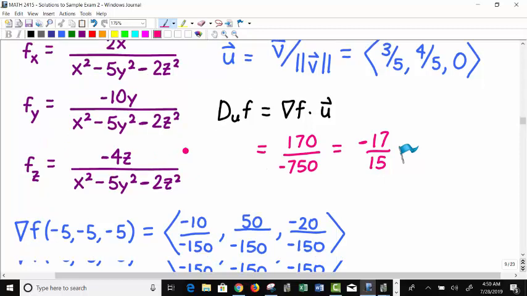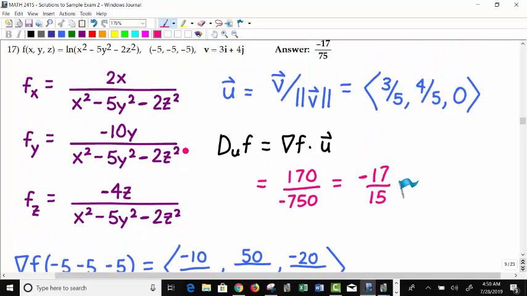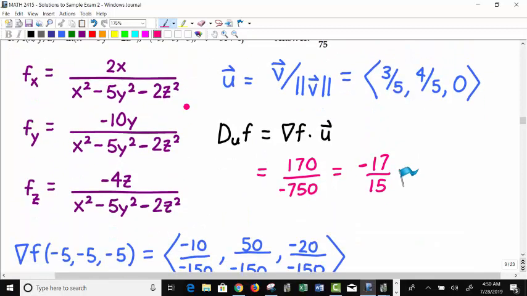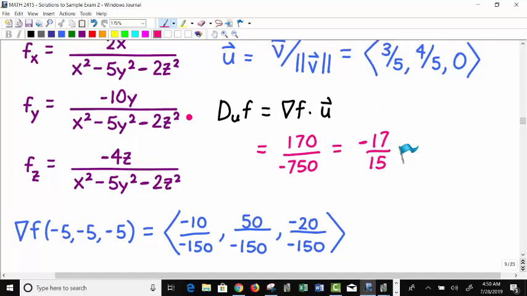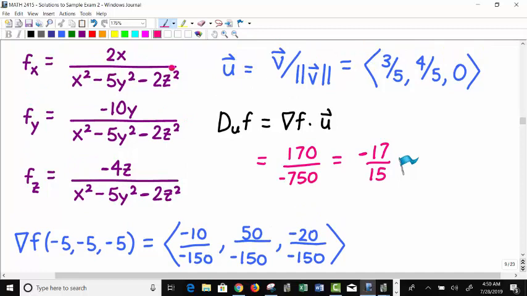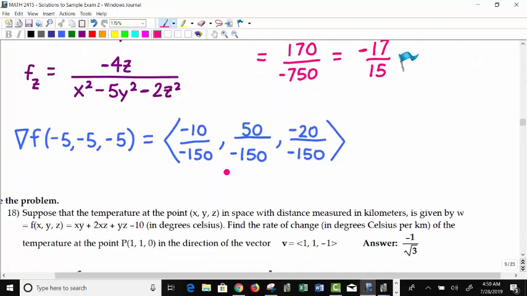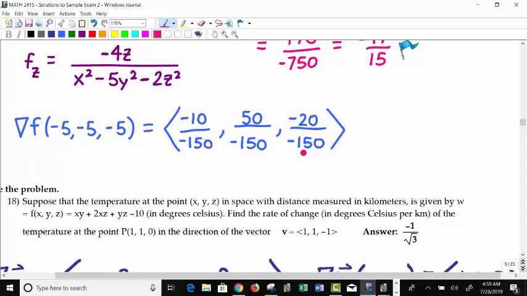So those three, now we have the point negative 5, negative 5, negative 5. So you just plug in negative 5 for every variable in here. And I got negative 10 over negative 150, 50 over negative 150, and then negative 20 over negative 150.